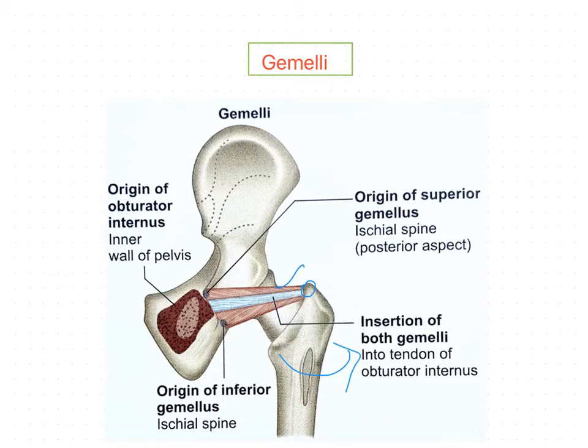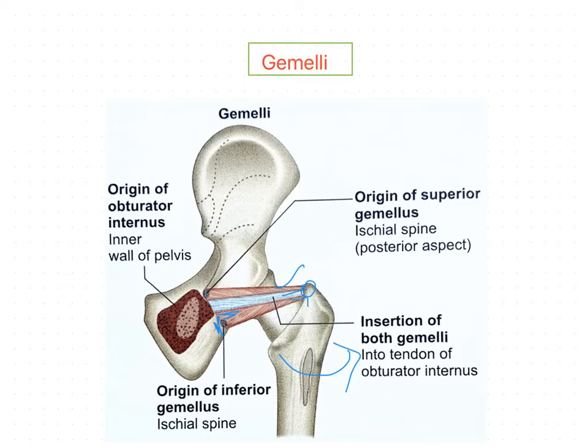The inferior gemellus originates from the upper part of the ischial tuberosity, below the groove of the obturator internus tendon. It is inserted the same as the superior gemellus, that is the medial side of the greater trochanter of the femur, blending with the tendon of obturator internus.